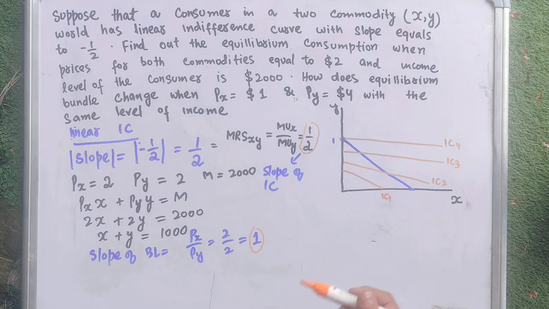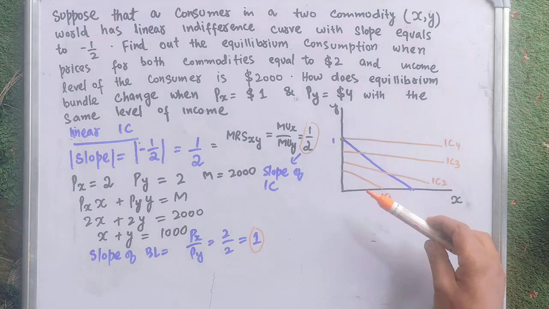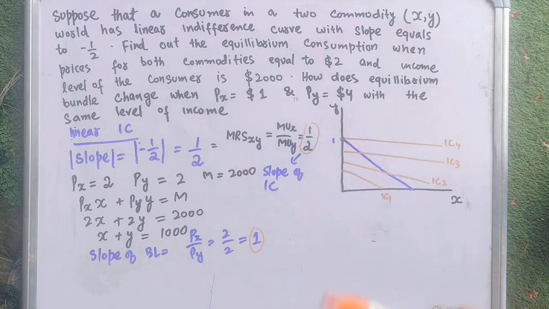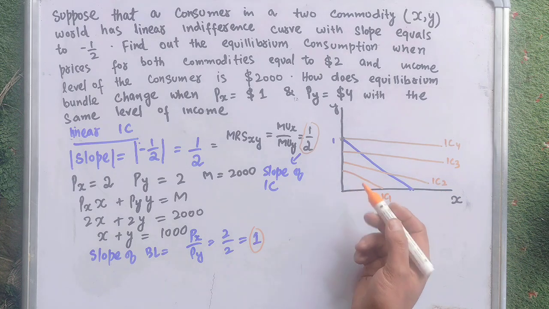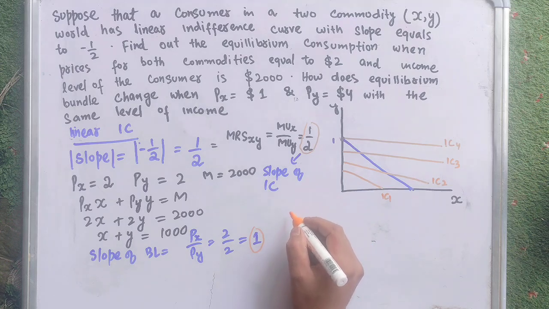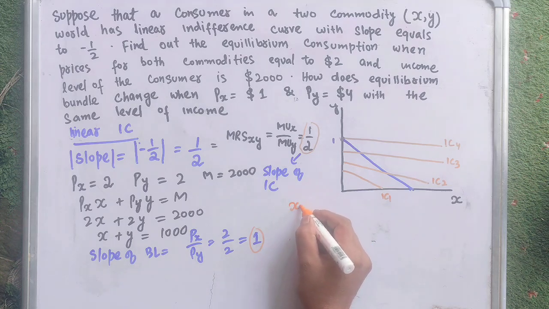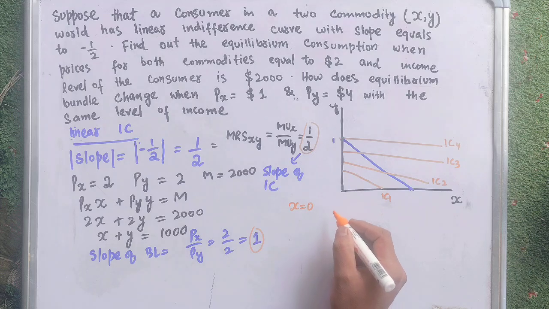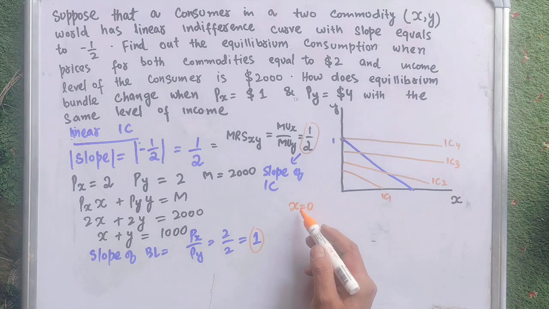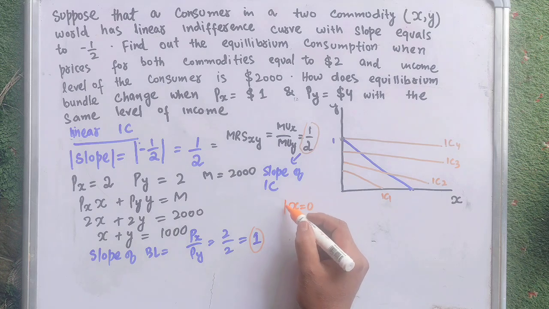So what happens at this point? Since the indifference curve is flatter than the budget line, that means our optimal bundle will be that the consumer consumes 0 units of good X and all units of good Y. That means X is equal to 0.